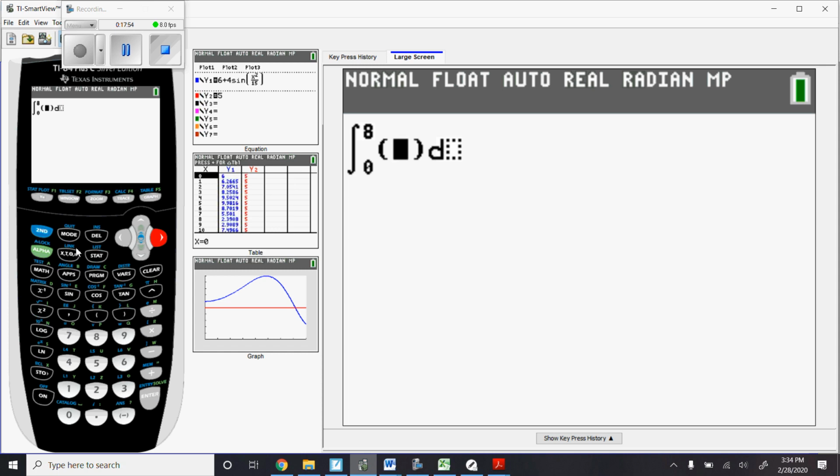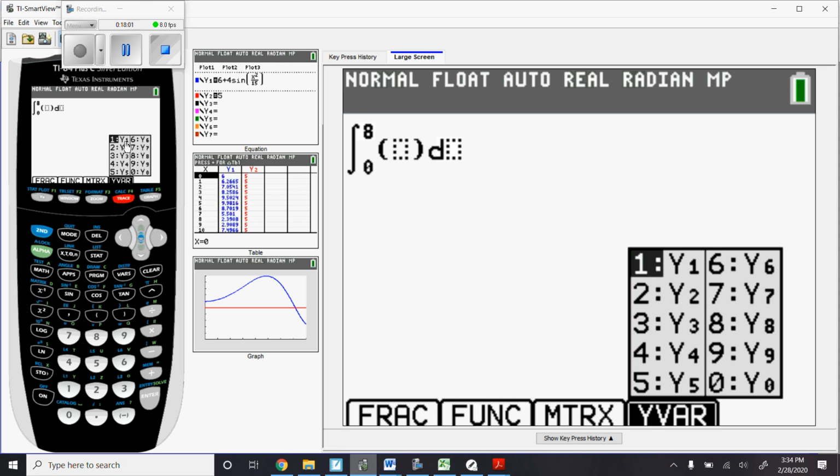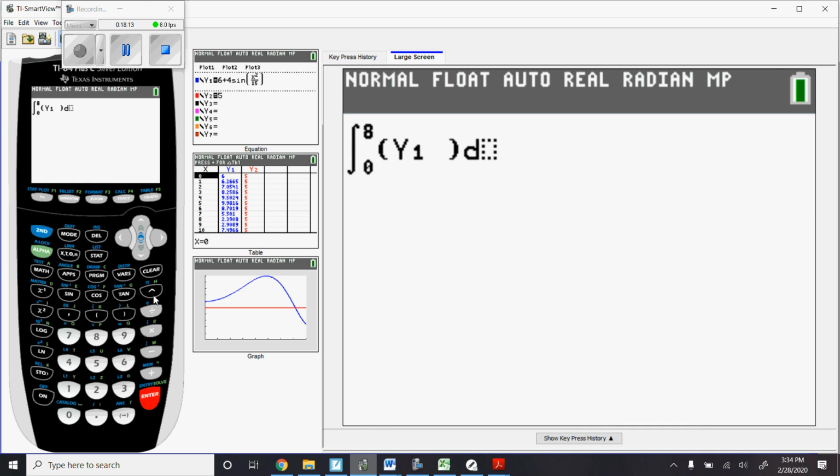The shortcut to get to variables is you hit alpha, trace. See how it gives me this list of variables? Alpha y equals gives me my fraction bar, but alpha trace allows me to pick that y1 out of there, dx, and I never have to type in that terrible equation ever again.